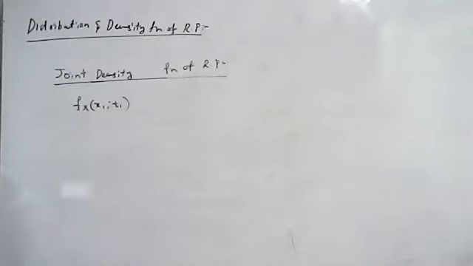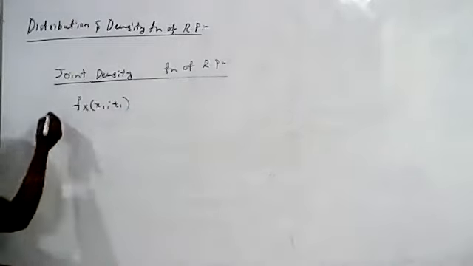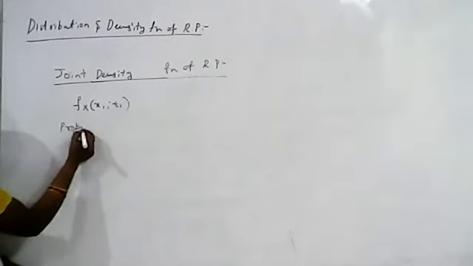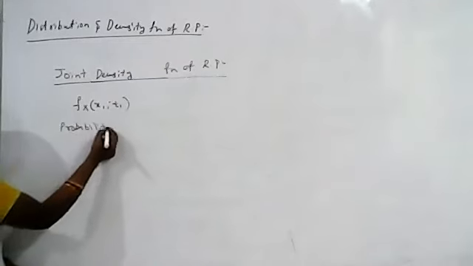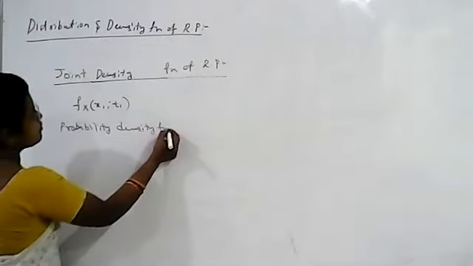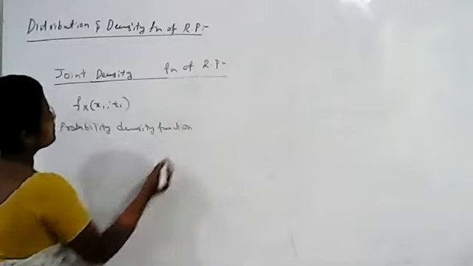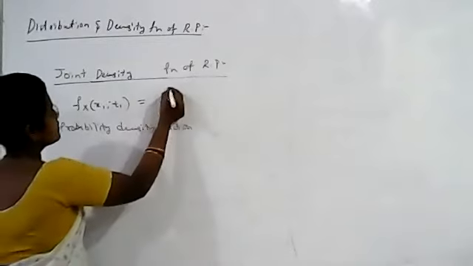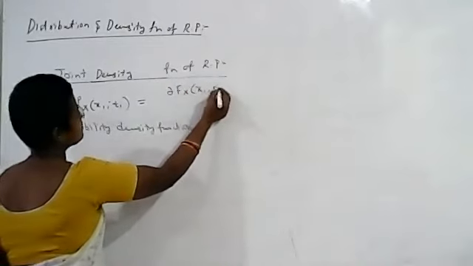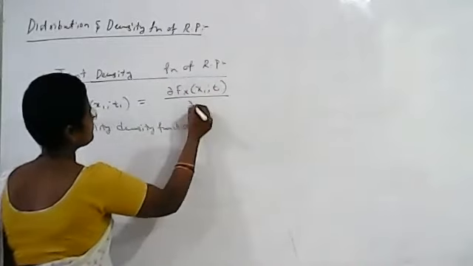Small f we use to denote the joint density function. If it is involving only one random variable, then it is called the probability density function. What is this? It is the derivative of the distribution function.